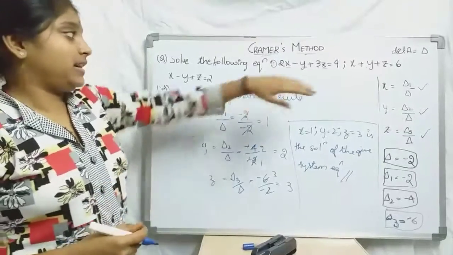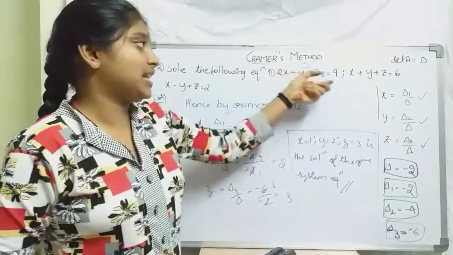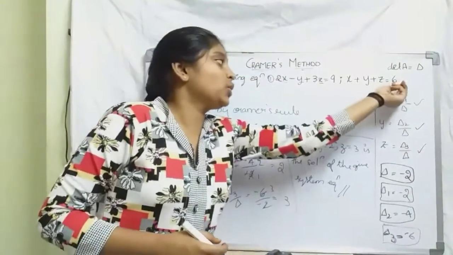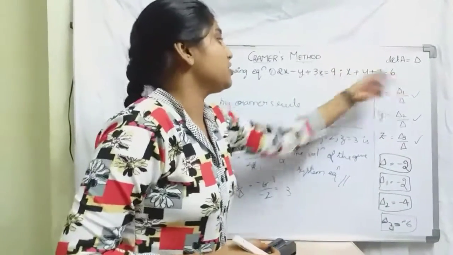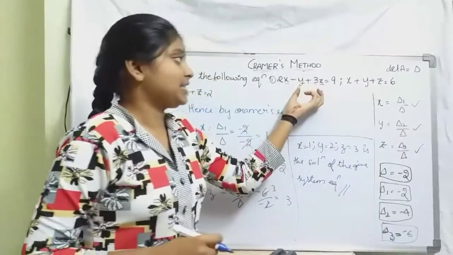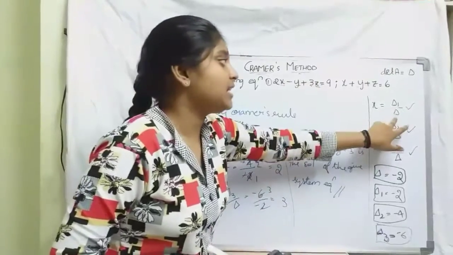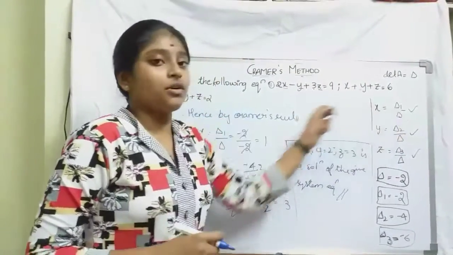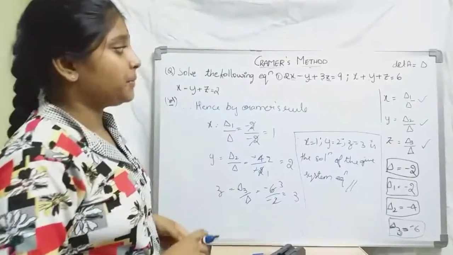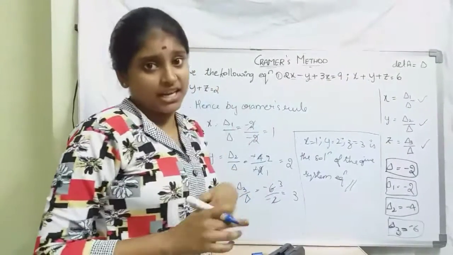We have taken the coefficients and written them in the matrix A, and we have written x, y, z in another matrix denoted with capital X, and again we took a matrix D taking the constants of the equations. Then we found the determinant of the matrix A and named it delta. Then we solved delta 1 by replacing the first column with the constants of the given 3 equations.